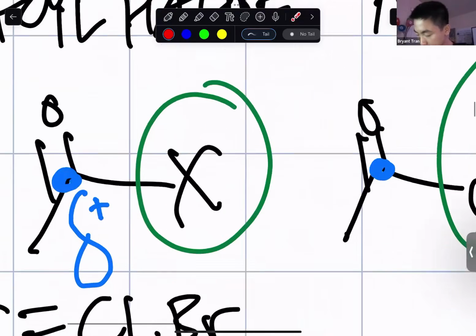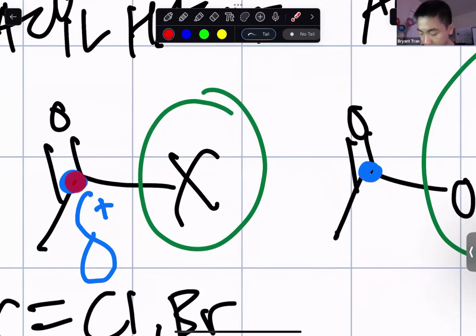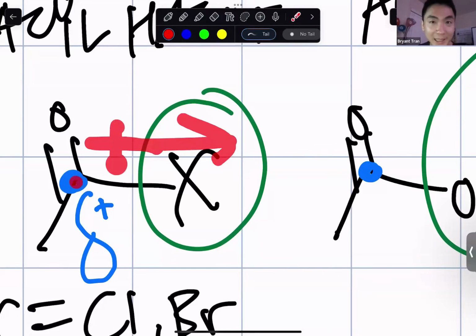Now, there are two reasons why this acyl halide has the bigger positive charge. One is that it's attached to a very electronegative atom, like chlorine or bromine. That electronegative atom is going to withdraw electrons from the carbonyl carbon. It's going to steal the carbon's electrons away, and we know electrons are negatively charged.